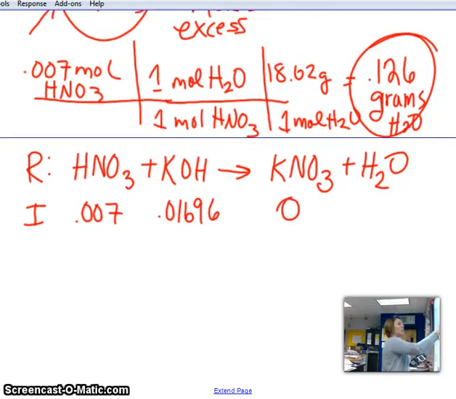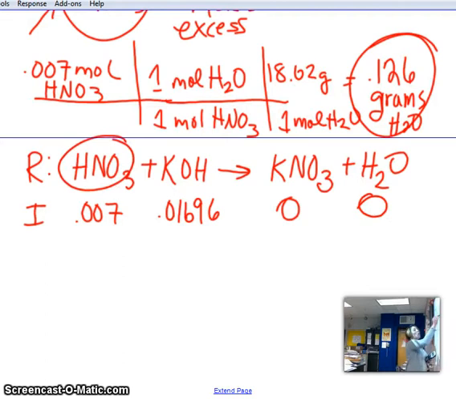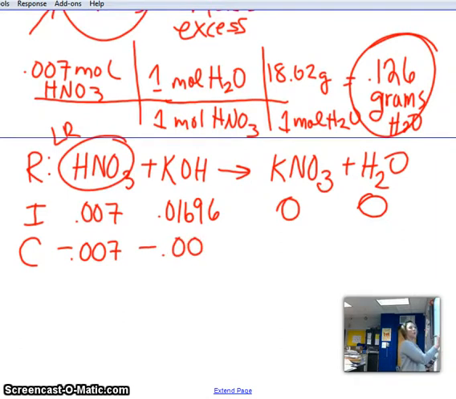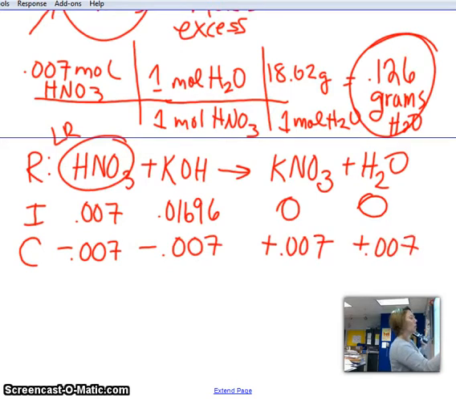We don't have any of this to start or any of this to start. This was our limiting reagent, so that's going to go down by 0.007. The nice thing about this reaction is everybody's a 1-to-1 ratio. So if this went down by 0.007, this went down by 0.007. And this went up by 0.007, and this went up by 0.007.